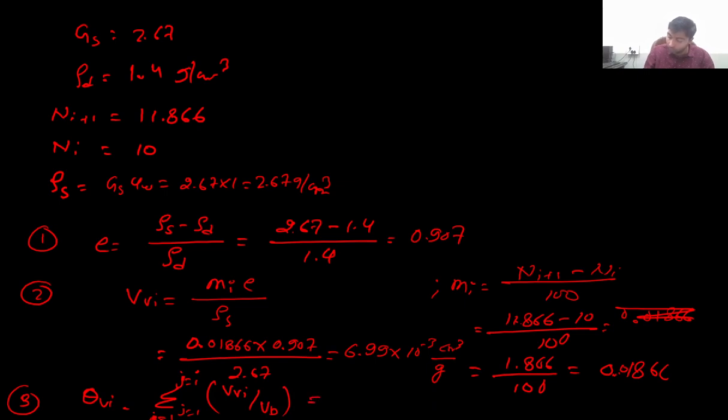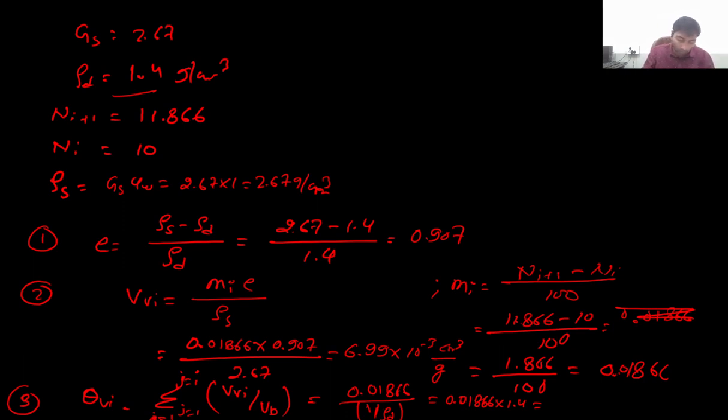So for the first state, it's going to be 0.01866, and the value of VB is 1 upon rho D. So it's going to be 0.01866 multiplied by 1.4, since the value of rho D is 1.4.